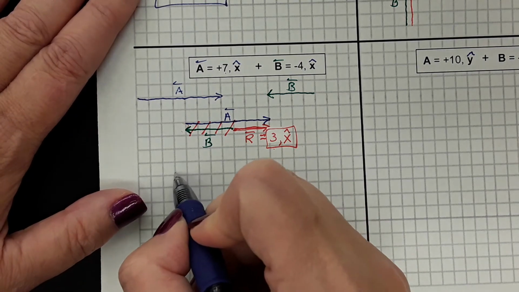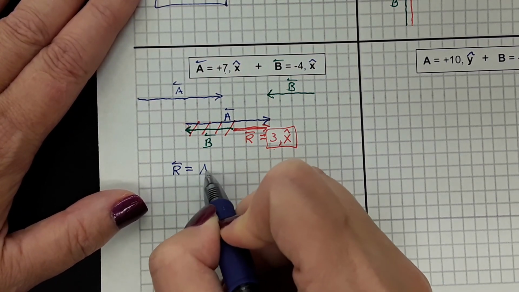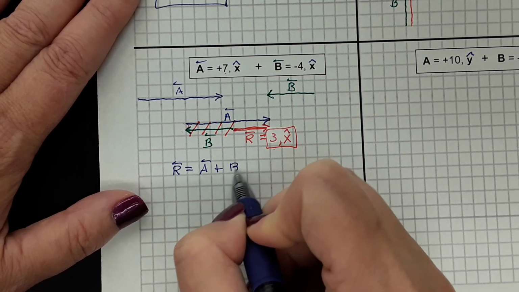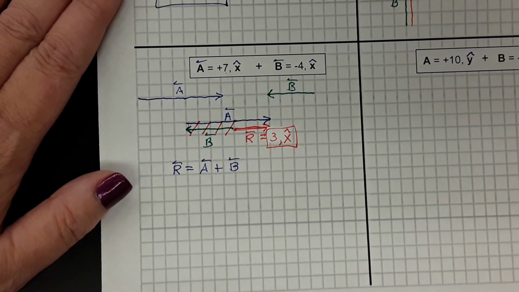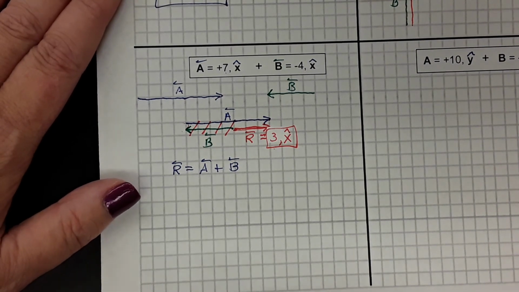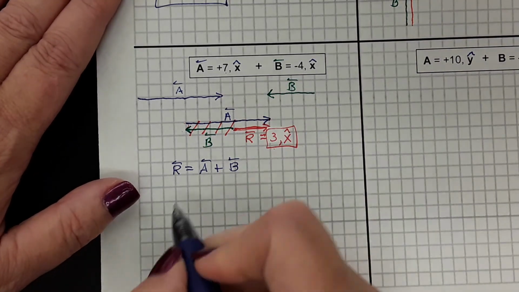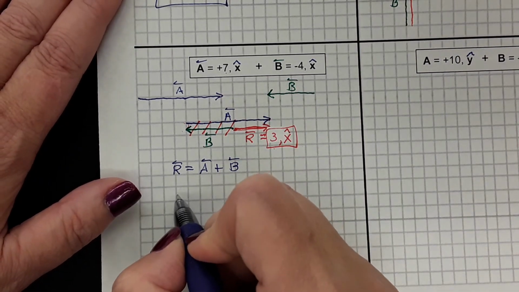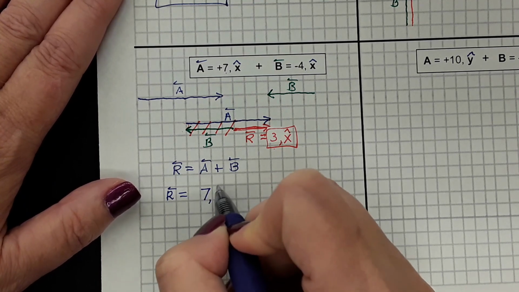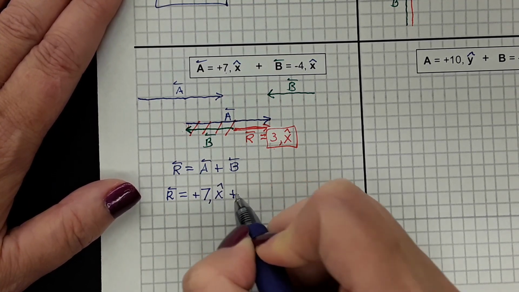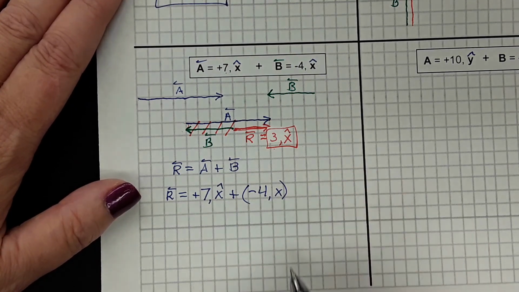I want you to notice how I write my formula. R, the resultant vector, still equals the sum of A and B, even though mathematically we're not actually adding unless you consider the fact that you're adding a negative. That would work. So I'm going to say R equals 7 units in the positive x direction plus 4 units in the negative x direction.